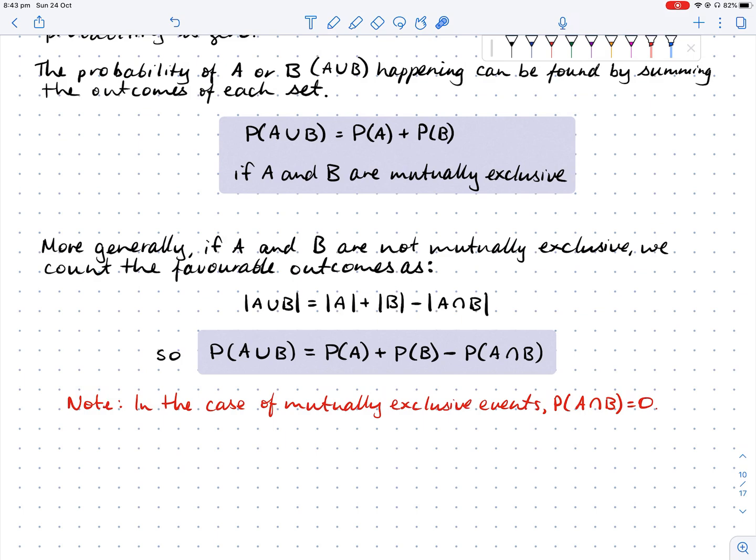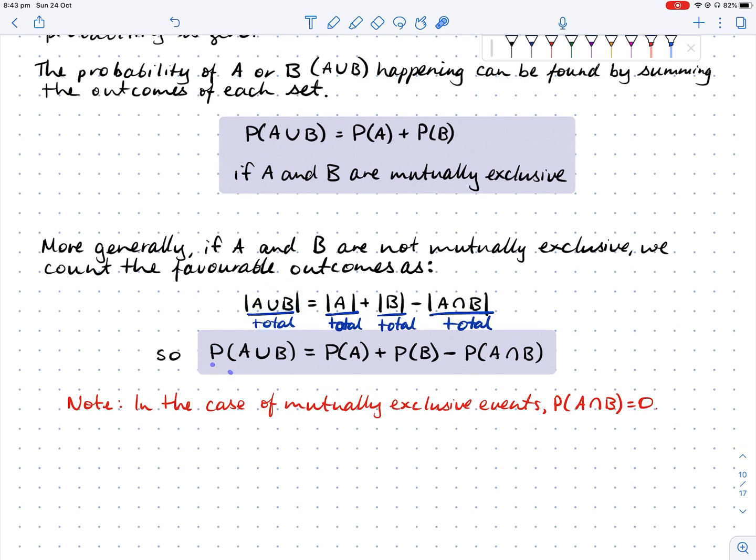So when I'm looking at A union B, if I want the probability of getting A or B, I can divide that by the total. So if I divide that by the total, I'm going to divide everything by the total, over total, over total. That effectively gives me these probabilities. So if those are your number of favorable outcomes over the total outcomes.